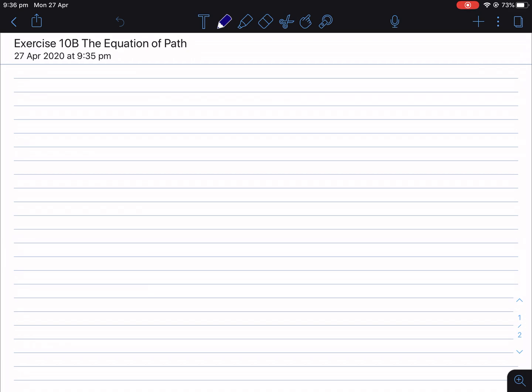So let's say we have fired from the origin. So we've got a thing. So when t equals 0, x equals 0 and y equals 0.